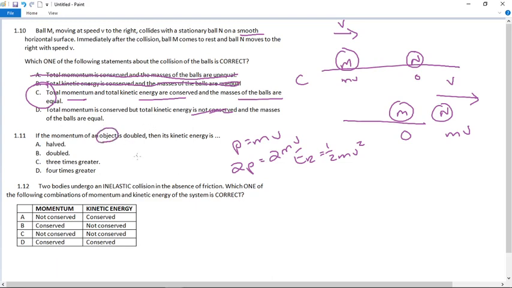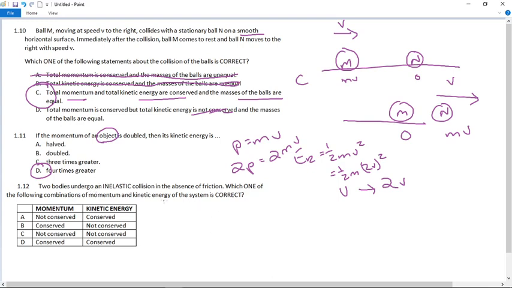So if we are doubling its momentum, v is going to go to 2v, because that's the only way to double its momentum if you don't change the mass. If we then put this into the kinetic energy formula, it's going to be a half of m(2v) squared, which is 4. So 1.11, the answer is D. The kinetic energy is going to get 4 times greater because (2v) squared is 4v squared.